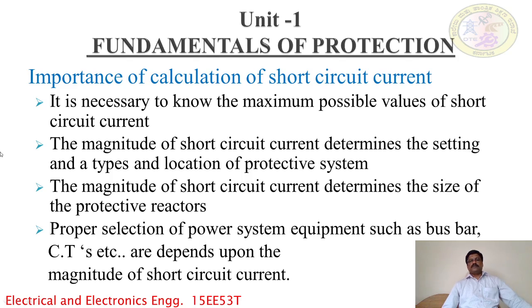So these equipment ratings are calculated or selected, and the short circuit current is very important. The second one, the magnitude of short circuit current determines the equipment settings, equipment ratings, types, as well as the locations in the power system.